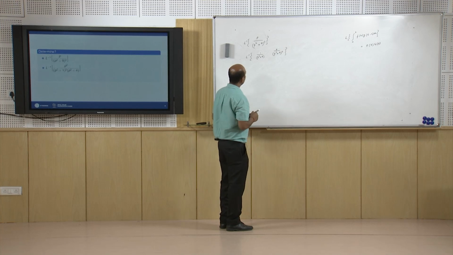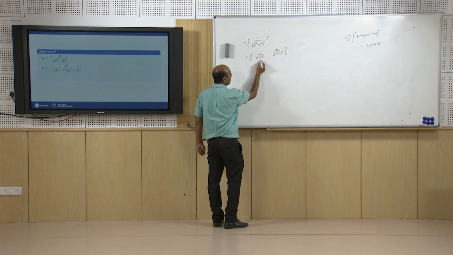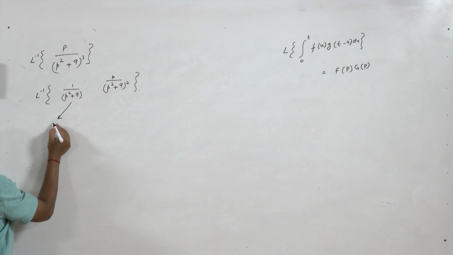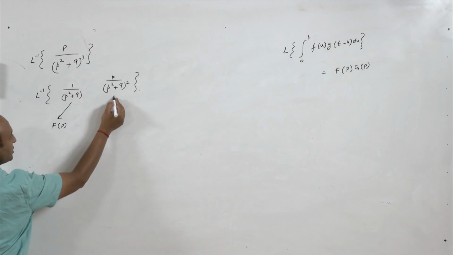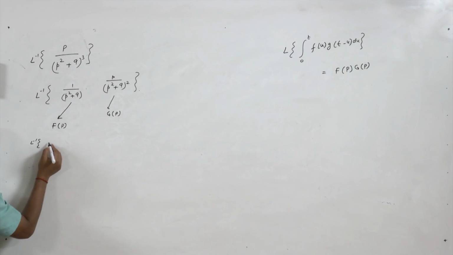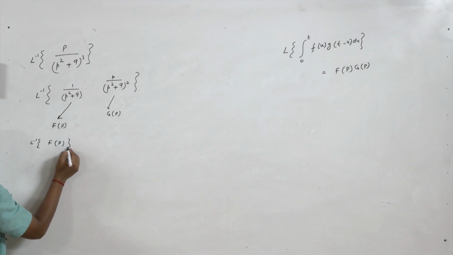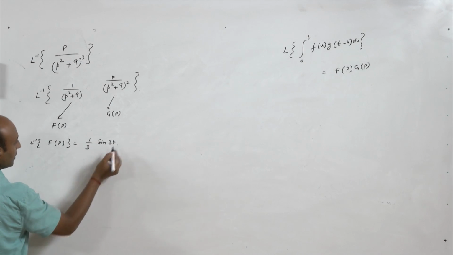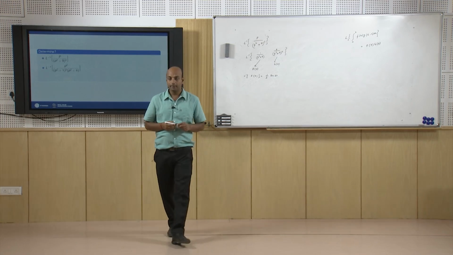Now, let us suppose this is F(p) and this is G(p). So, Laplace inverse of F(p) we already know, it is nothing but 1 by 3 sin 3t, and that we can easily find out. Okay.